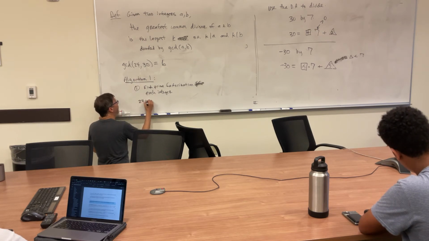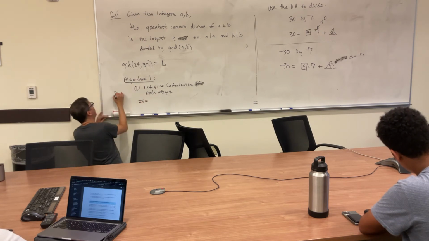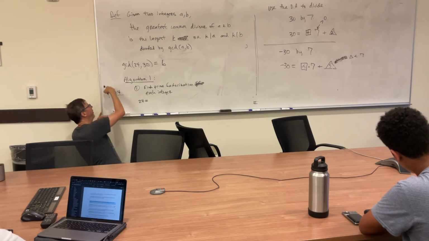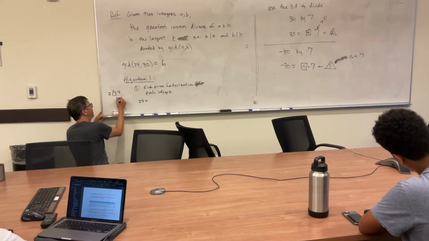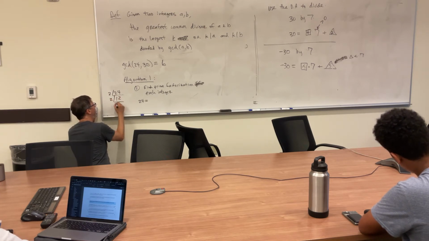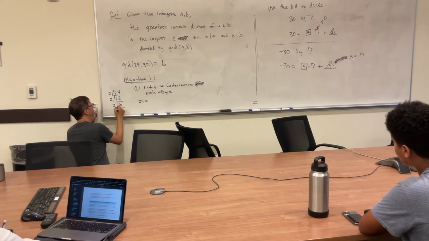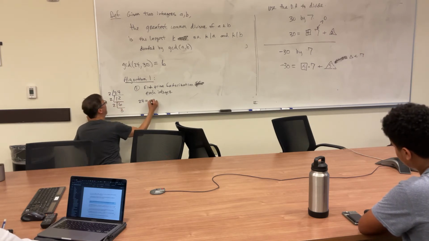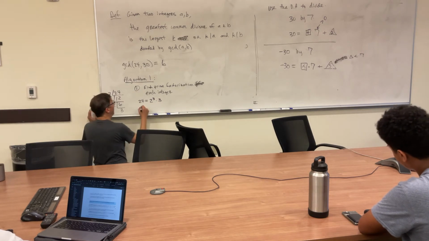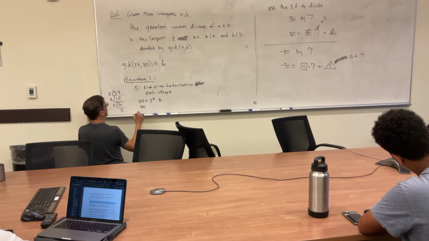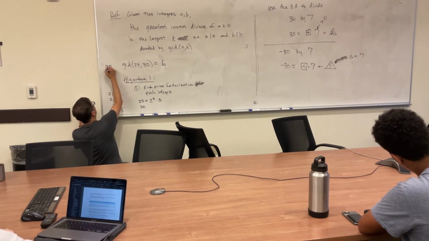So for 24, here's how I do prime factorizations, by the way. I just start dividing by primes, working from the bottom up. First prime is 2, got 12, 2 still goes into that. I got 6, and then 2 goes into that, and I'm left with 3. So I've got 2 cubed times 3. And then 30 is going to be, let's just do 30 that same way, 2, 15, 3, 5.